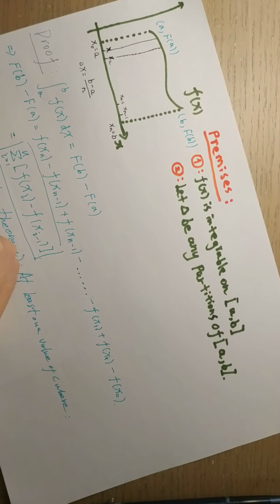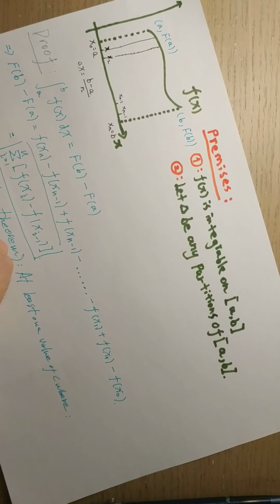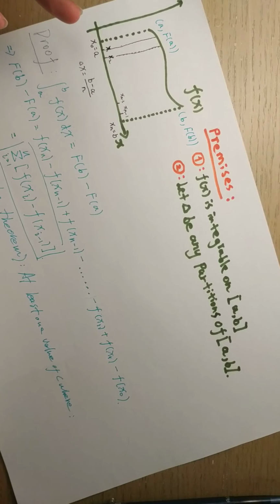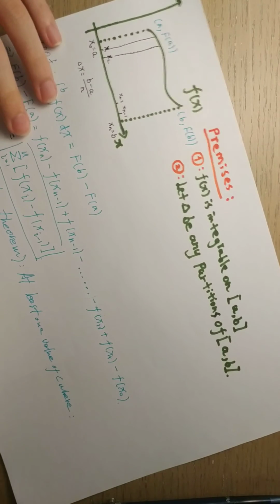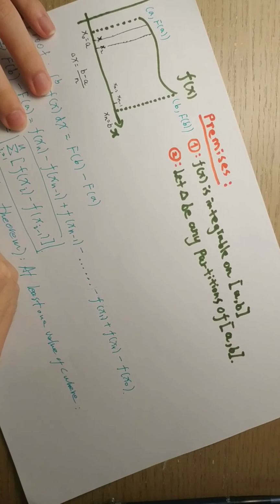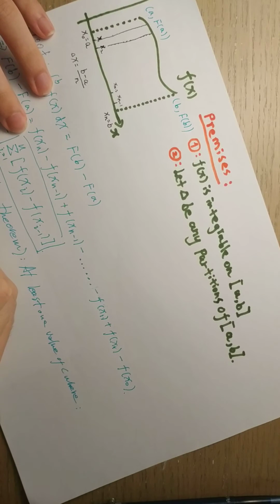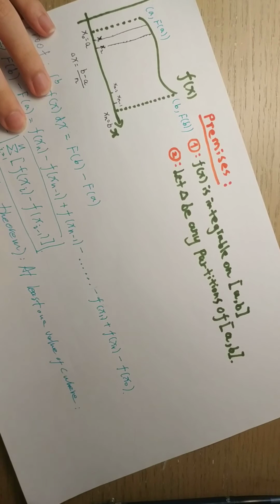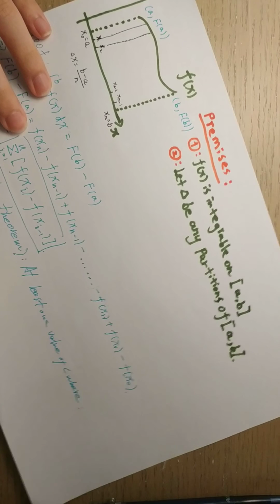And we know that f prime of c is just f of c, and x i minus x i minus 1 is just delta x.